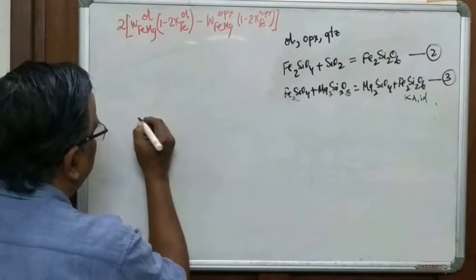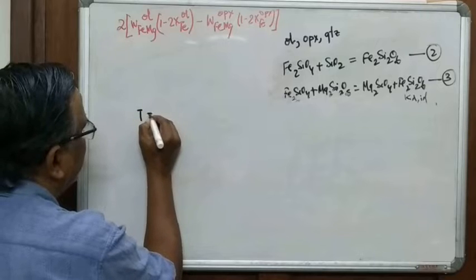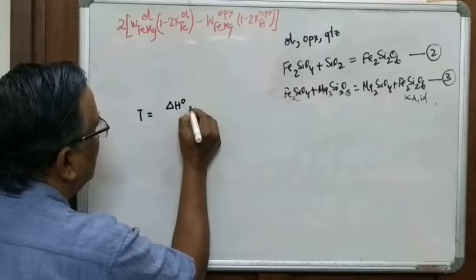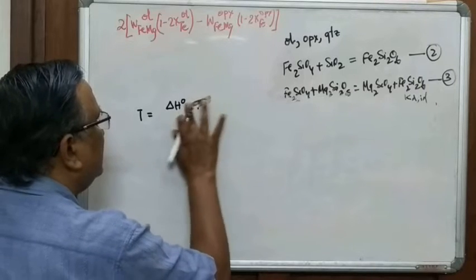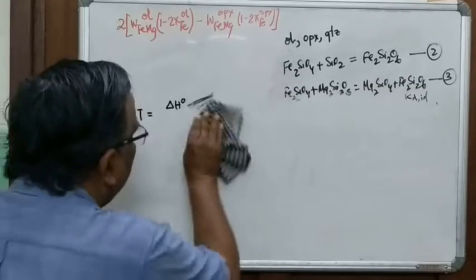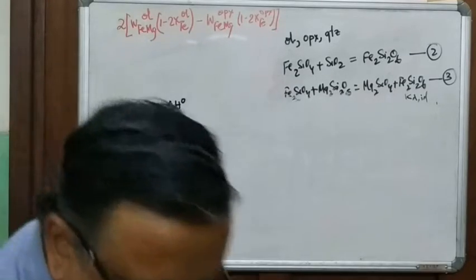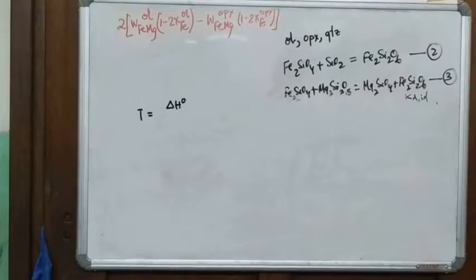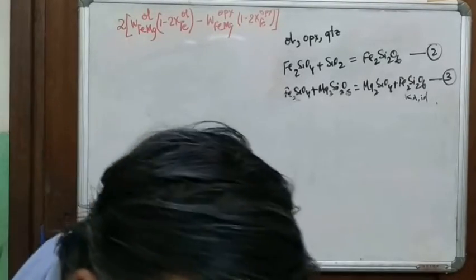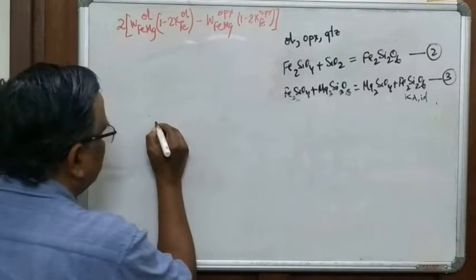We are doing it for reaction 3, and we have this temperature equal to delta H0 minus T delta S0. If we include this part, then we come to this equation.